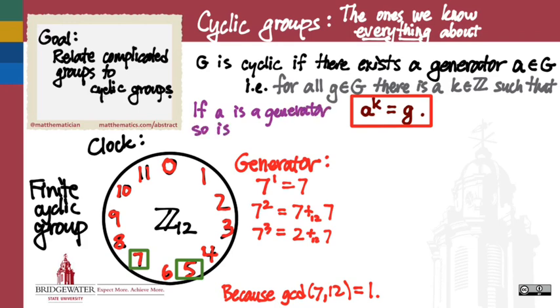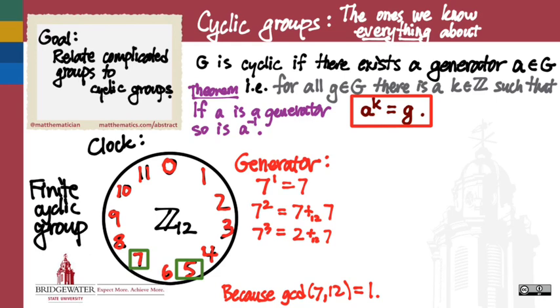That's a theorem which might be one of the things that we try to prove over the next couple of days. So as soon as I find a generator, I also get another generator just by taking its inverse. So 7 and 5 are both generators.